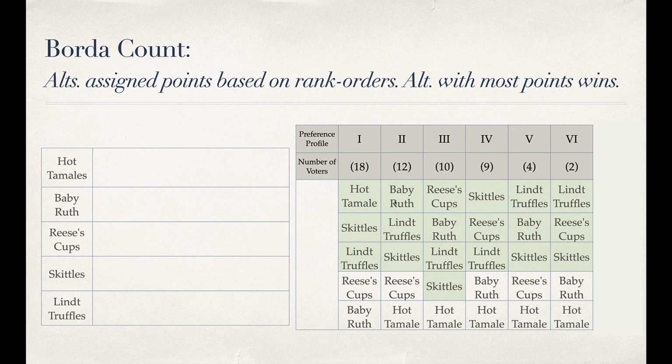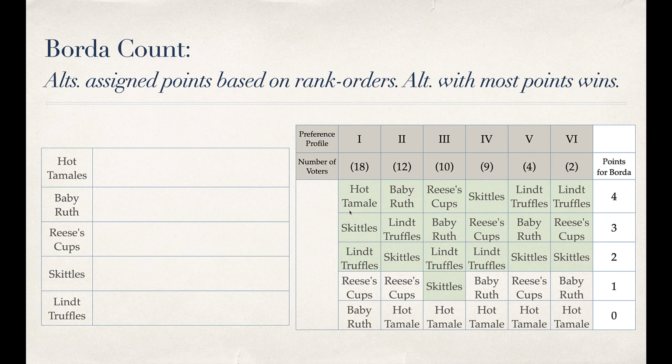So for this example, we're going to do 4, 3, 2, 1, 0 in terms of the way Borda Count works. You can also do 5, 4, 3, 2, 1, and you would get the same exact group choice. The way Borda defined his Borda Count is that each alternative gets a number of points, which represents the number of things below it.